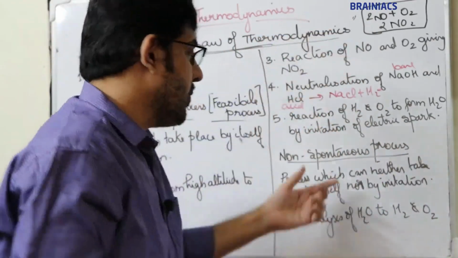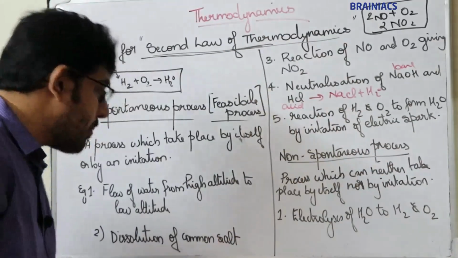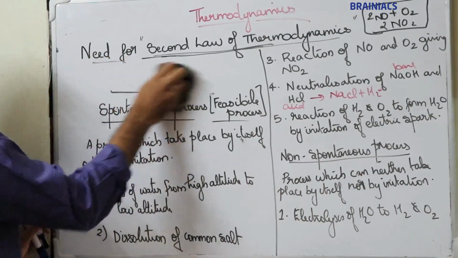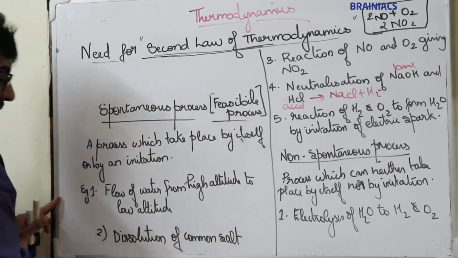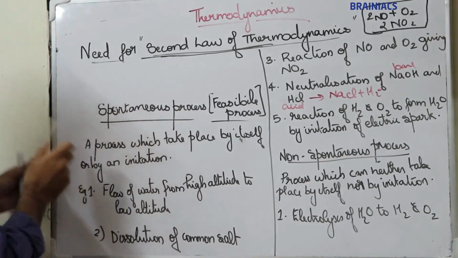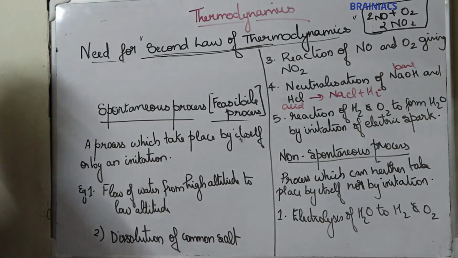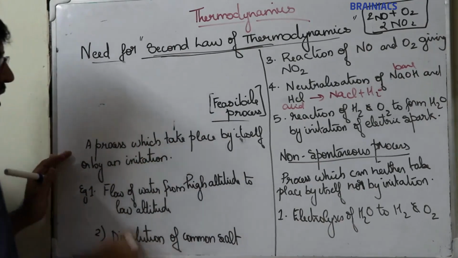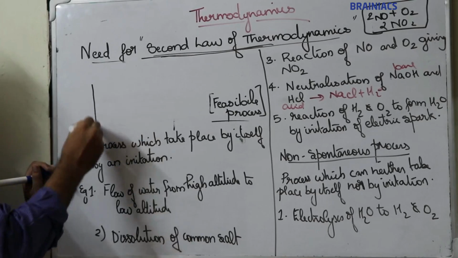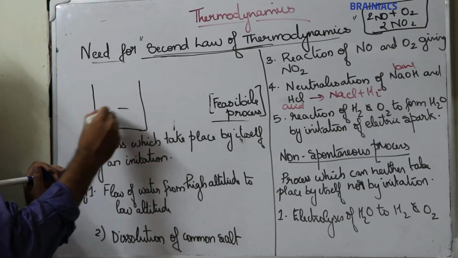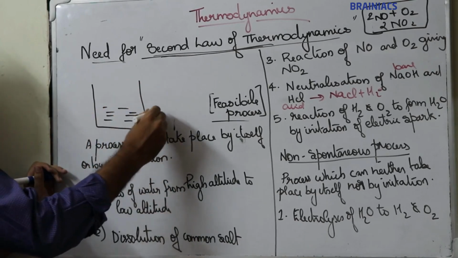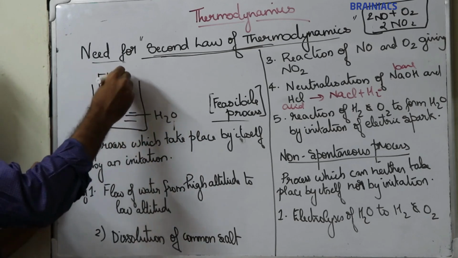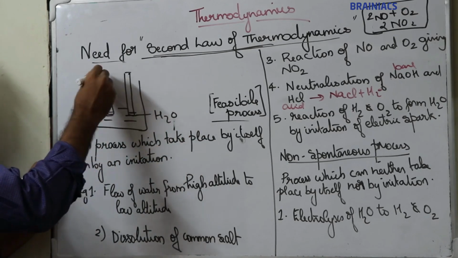Another example of a non-spontaneous process is electrolysis of water to hydrogen and oxygen. When we electrolyze water, we are supplying electric energy to water.